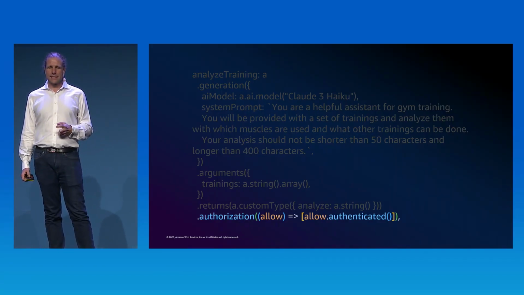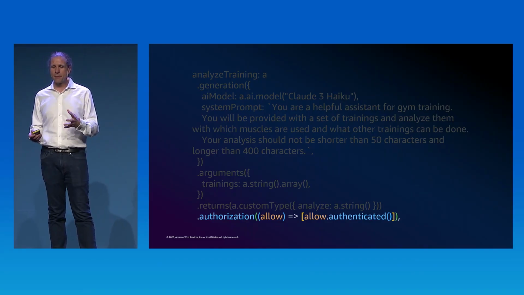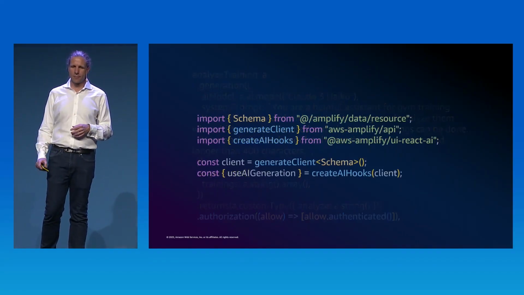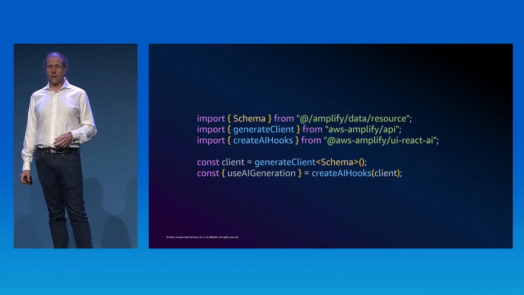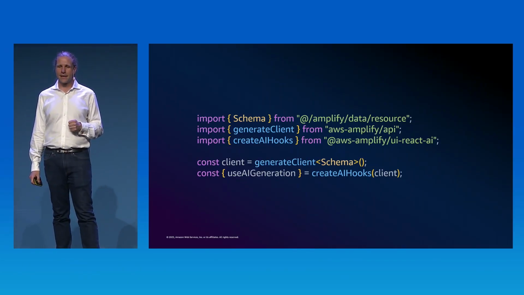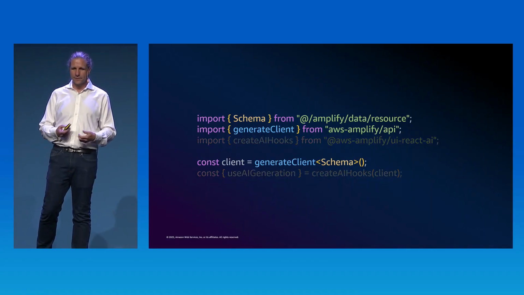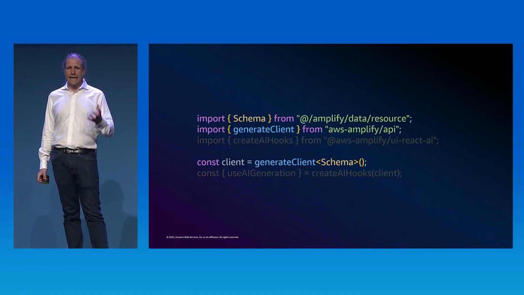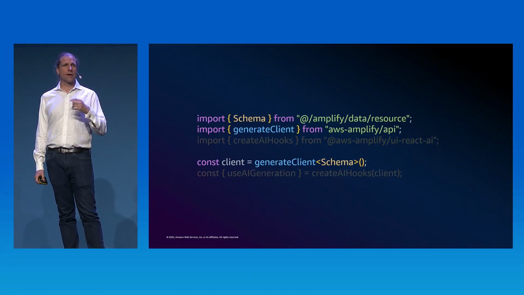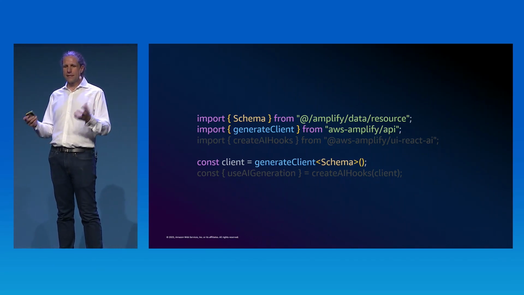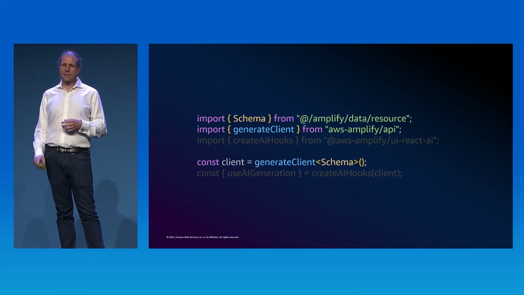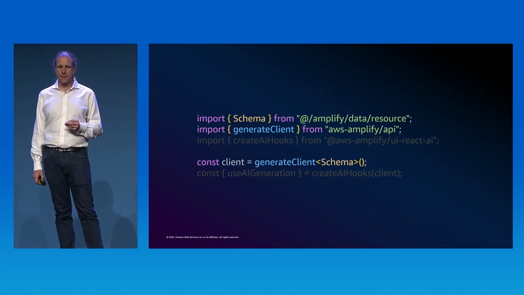So let's switch gears and see how we can integrate this API capability and what we're going to build on our front end. I hate to warn you, it's only 5 lines of code. It's only 5 lines of code. That's all you need to bring AI capabilities to your front end. So we'll focus on a key element here, which is the client object. It's going to serve as the central gateway to all of our data resources. It's a complete type-safe interface to our data schema and becomes the reference manager for all of our AI capabilities.